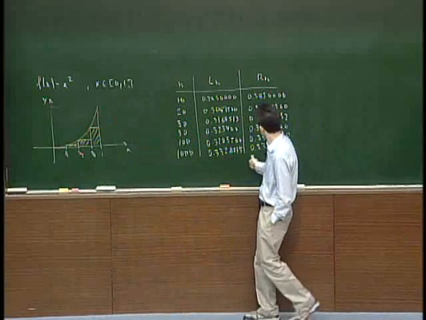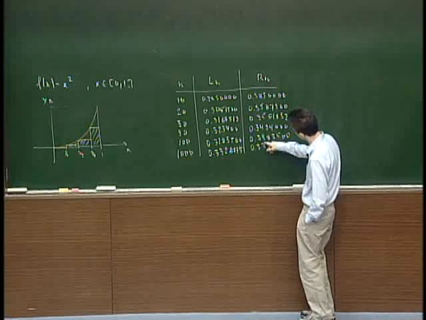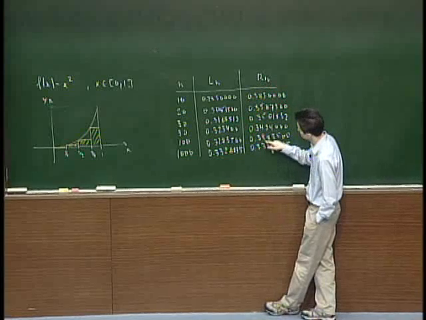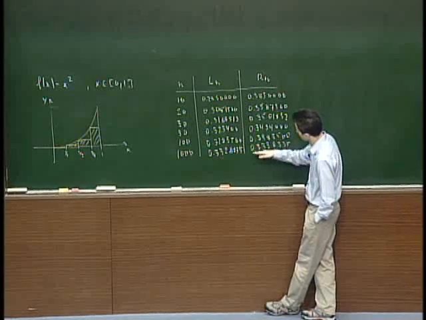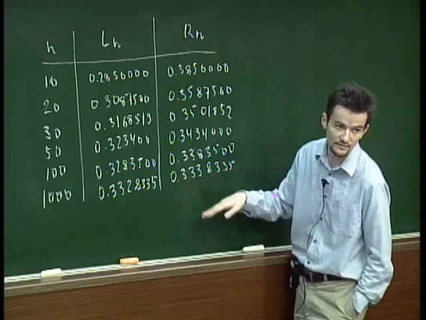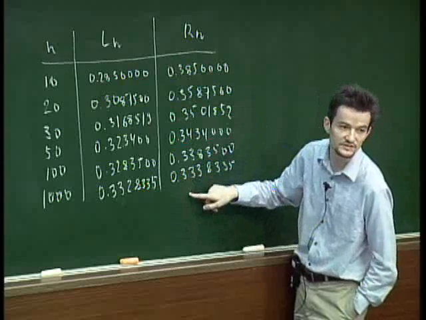If you look at this data, you similarly observe that you could conclude the second digit here is correct because it doesn't change. But maybe this is because you have just computed two data, so maybe it's not correct. You have maybe to do more computations, but you can be pretty sure that the first digit is correct.